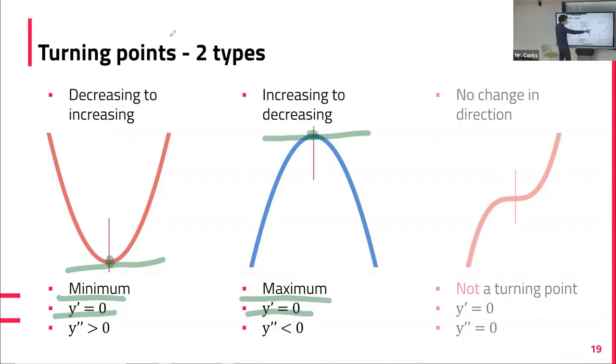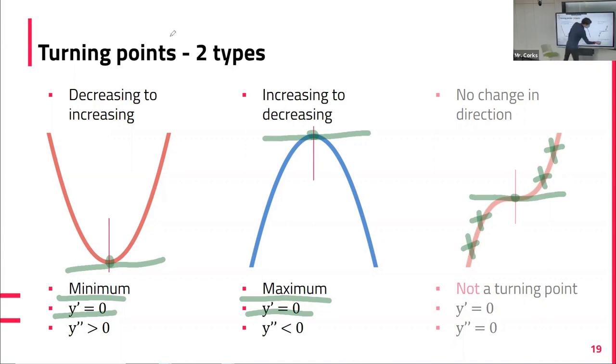However, we do have a third type like this, and we have talked about this a little bit so far, where slope does go exactly to 0, but in this case, before that point slopes are positive, and after that point slopes are positive, so it's not a turning point.